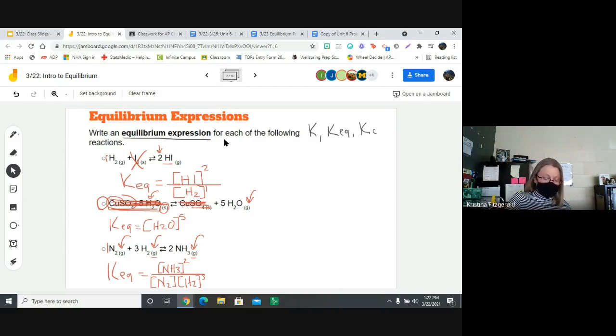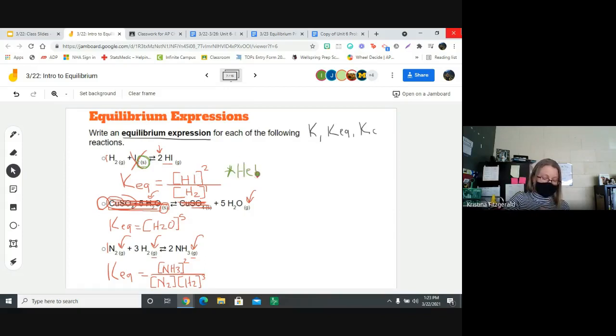Okay. The only other thing I'm going to label here is if this is a homogeneous equilibrium expression or if it's heterogeneous. That depends on the state of the things. So if you notice here, we have a solid that's part of our equation, which didn't show up in our equilibrium expression.